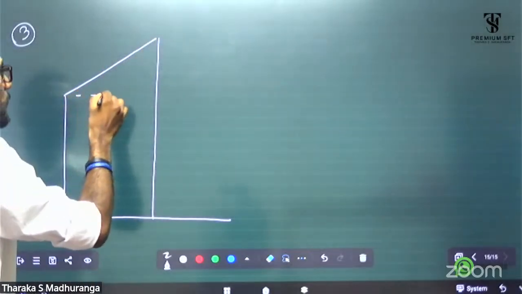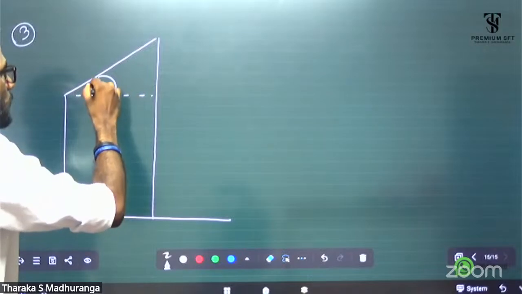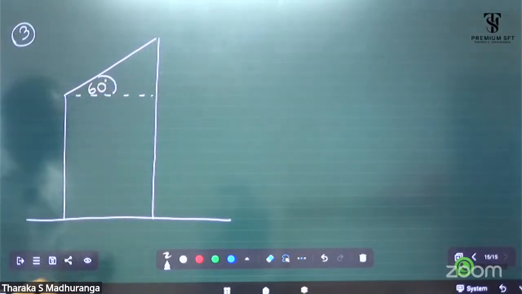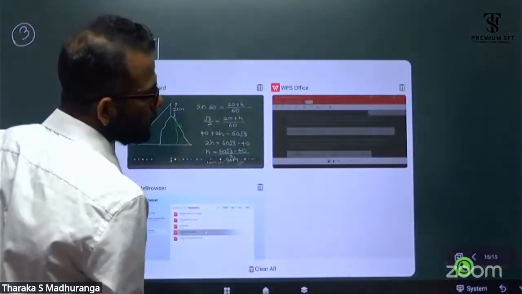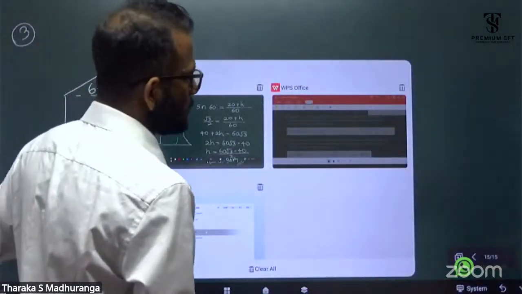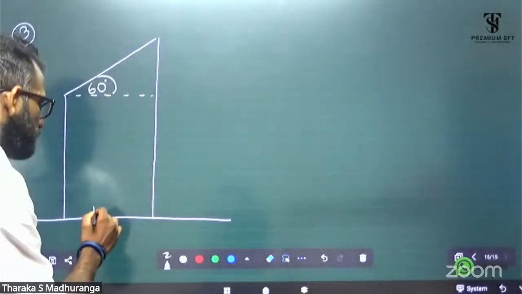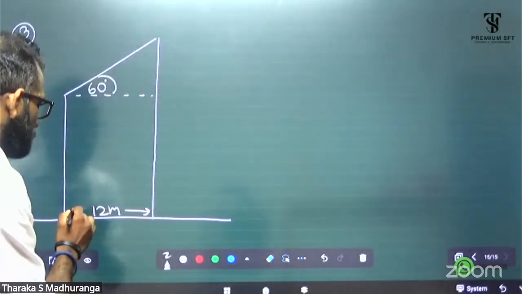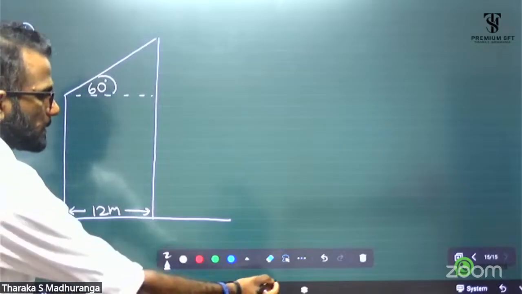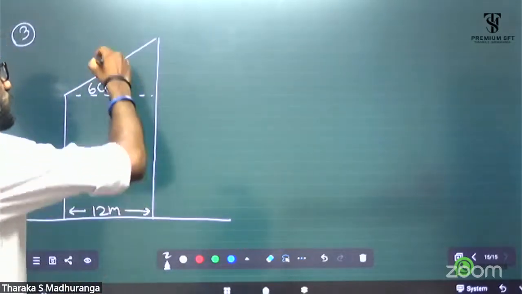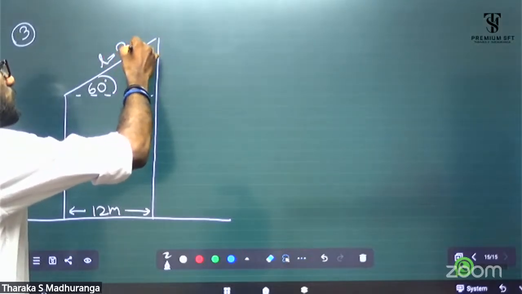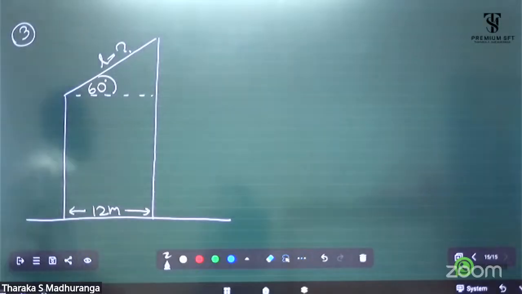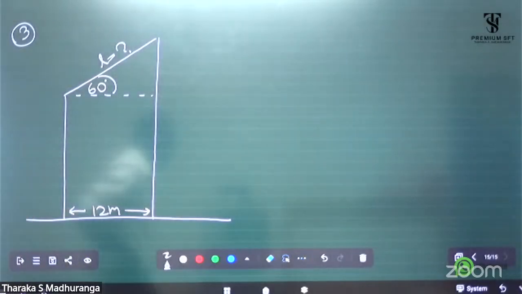The inclination equals 60 degrees. The distance between the two towers is given, it is 12 meters. Now the question asks, what is the length of this used wire? Quickly send your answer.